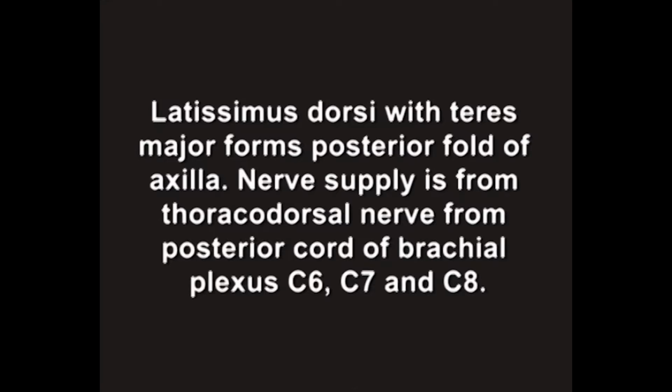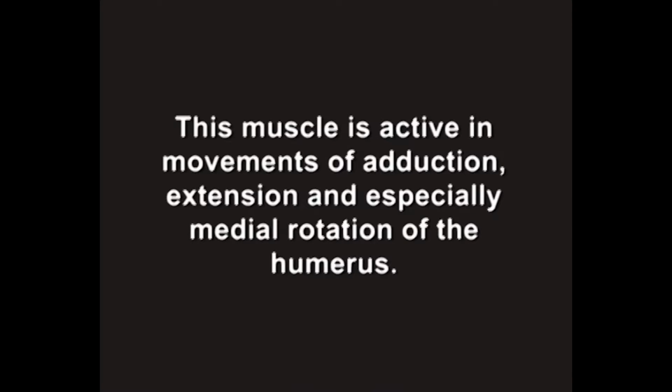Nerve supply is from the thoracodorsal nerve from the posterior cord of the brachial plexus, C6, C7 and C8. This muscle is active in movements of adduction, extension and especially medial rotation of the humerus. It takes part in all violent expiratory movements.